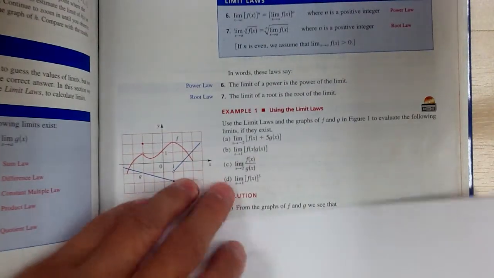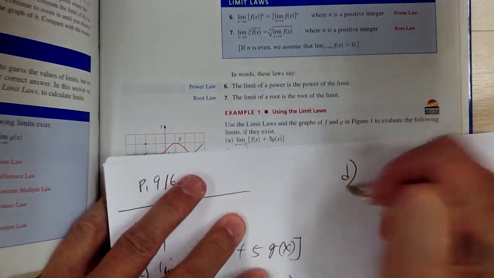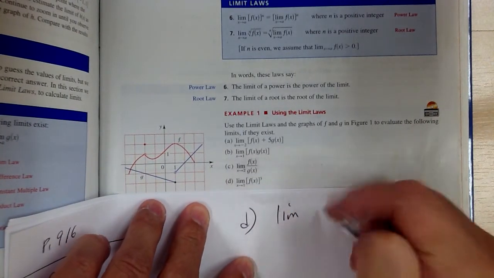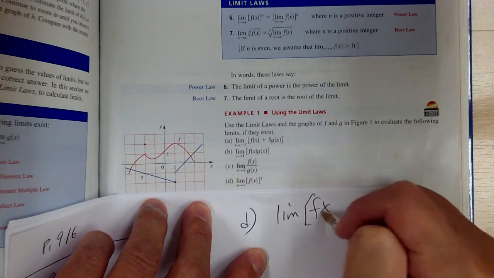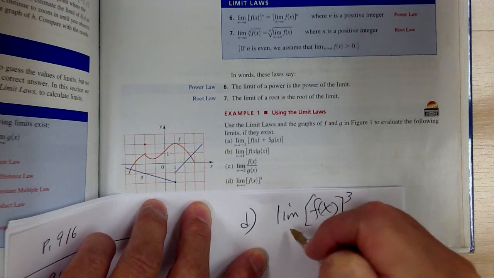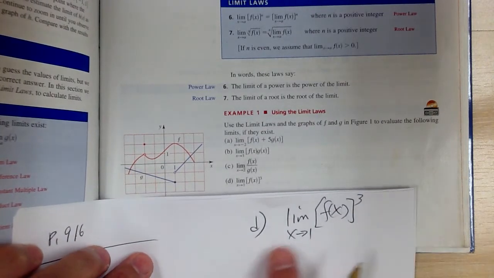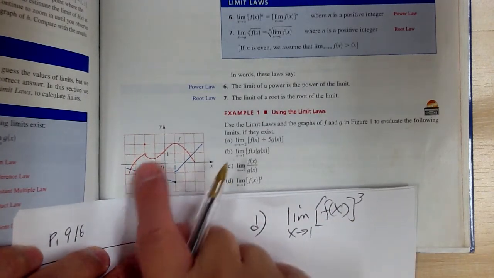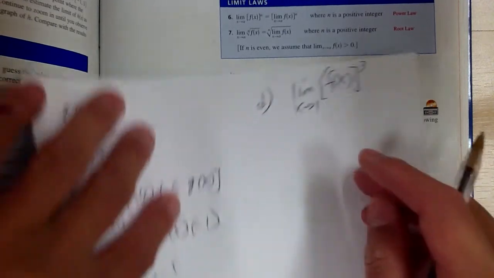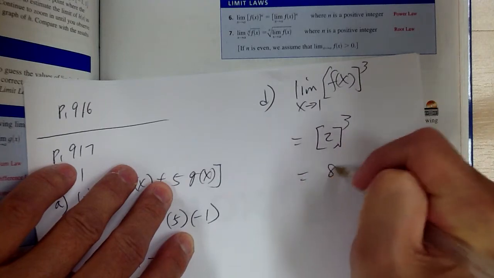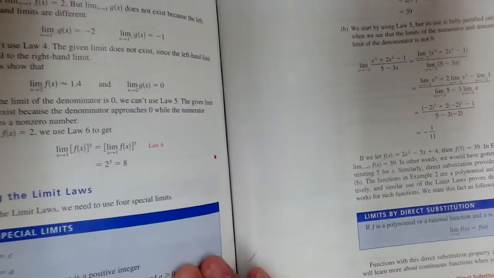Okay, now let's do D. For part D, you have the limit of f of x to the 3rd power as x approaches 1. Again, if you look at the red graph, as x approaches 1, this is equal to 2. So this is equal to 2 to the 3rd power, which is 8 for D.